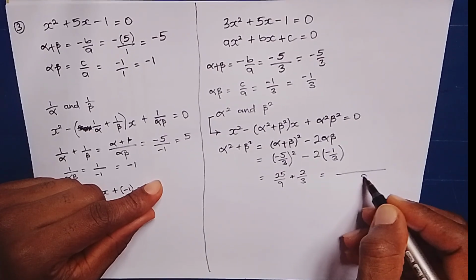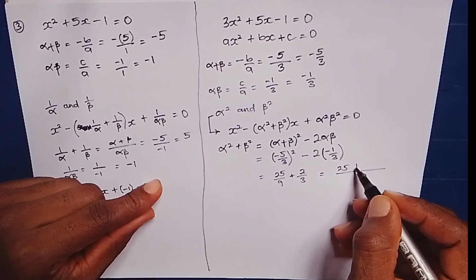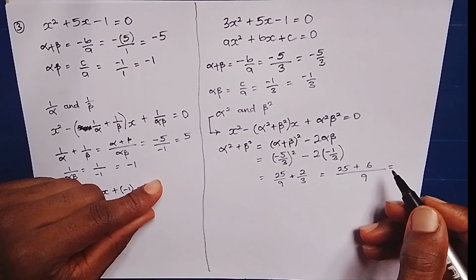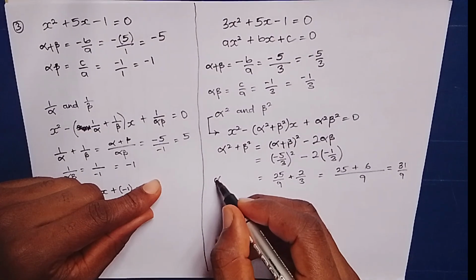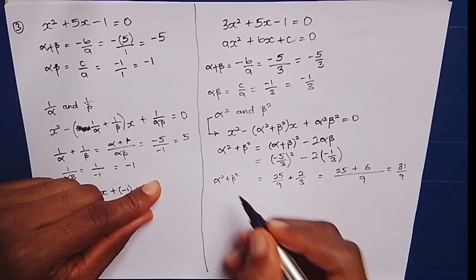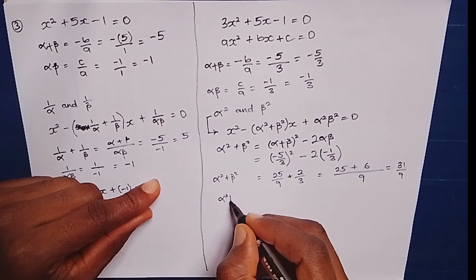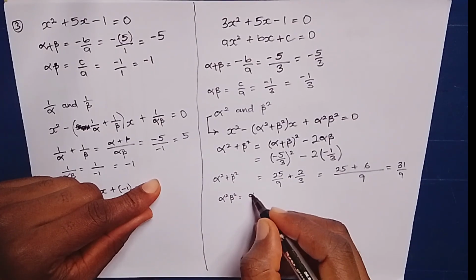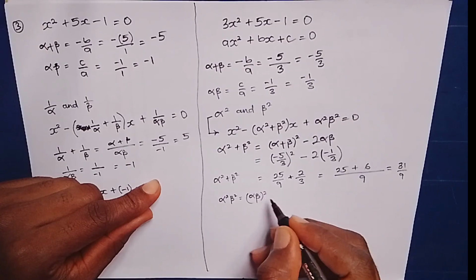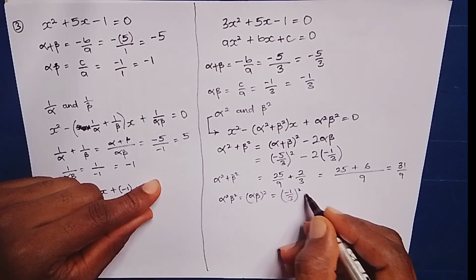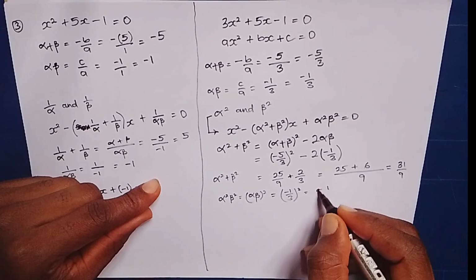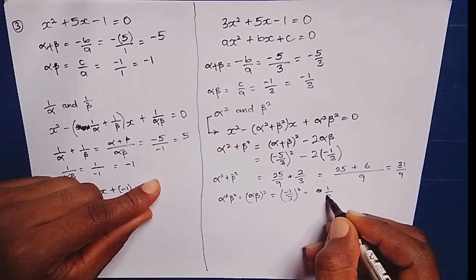Sum this up and you should have 25 plus 6, which is equal to 31 over 9. That is alpha squared plus beta squared. And then alpha squared beta squared is the same thing as alpha beta all squared. So minus 1 over 3 all squared, you don't have minus anymore, you have 1 over 9.